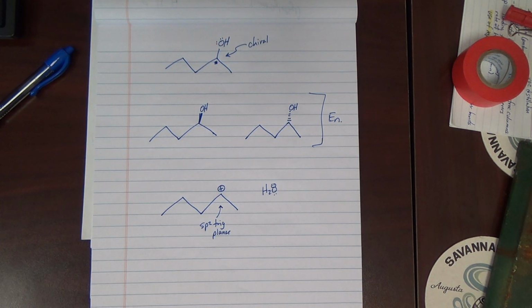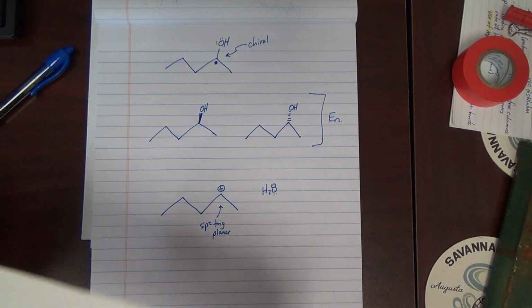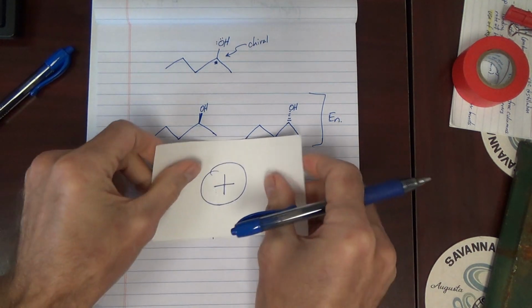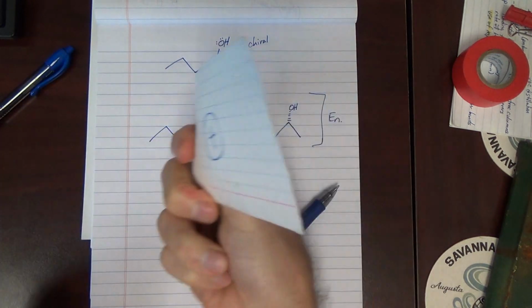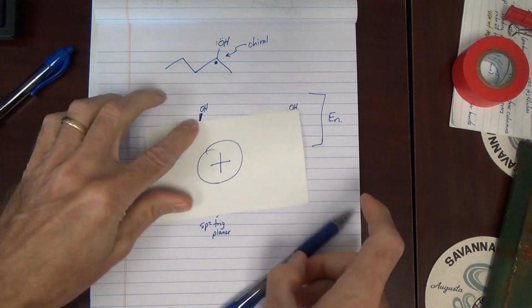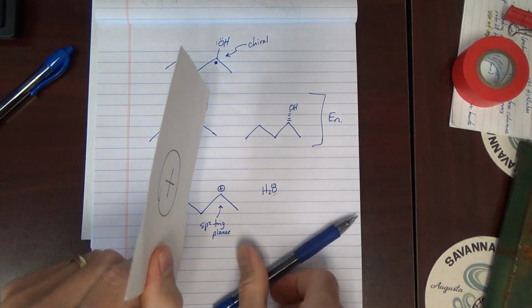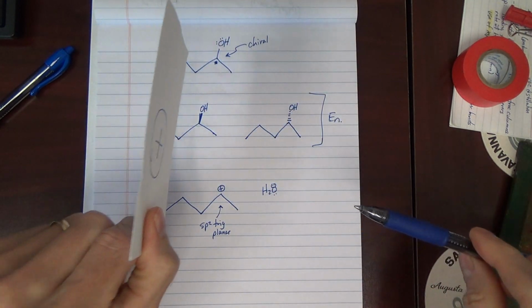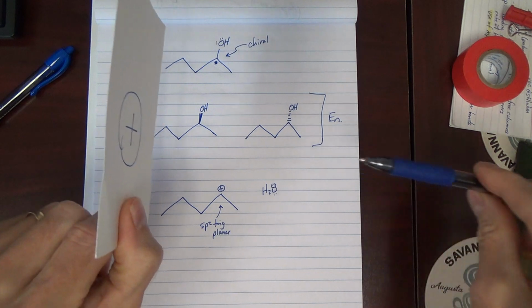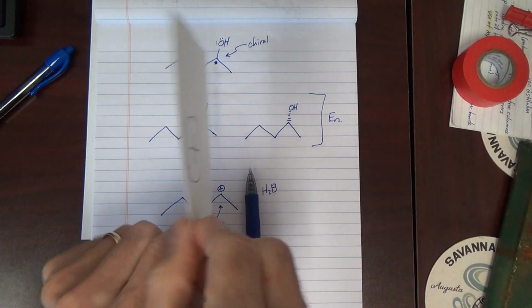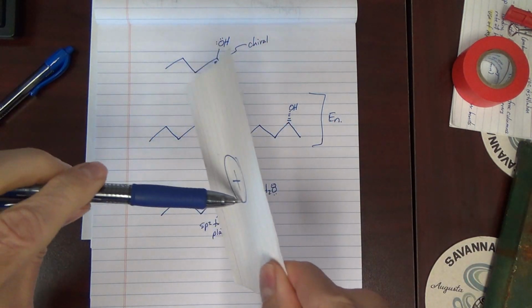And last time we had our note card with the planar, flat carbocation. How do you attack a carbocation? You attack it from either side of the plane. If it's like that, you can attack it from the right or the left.